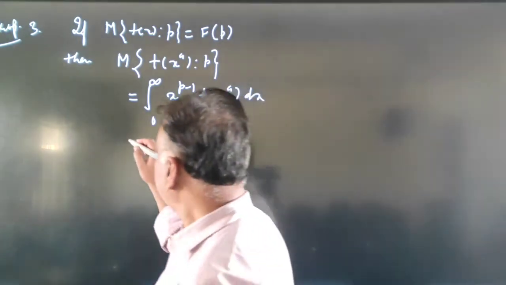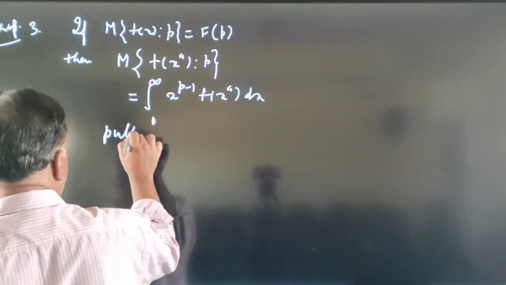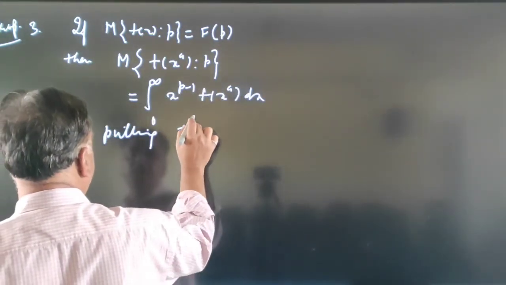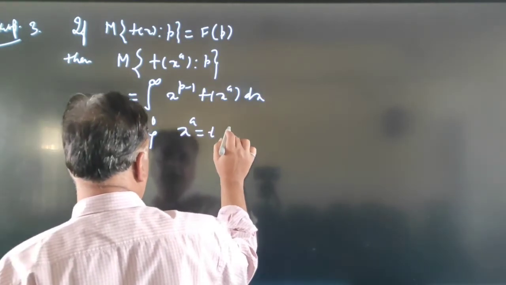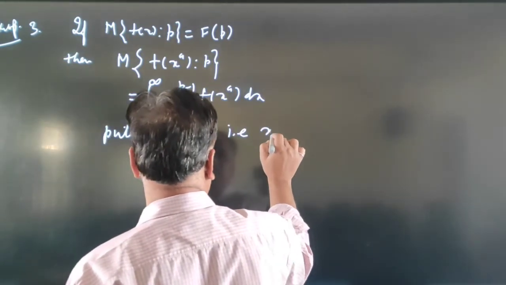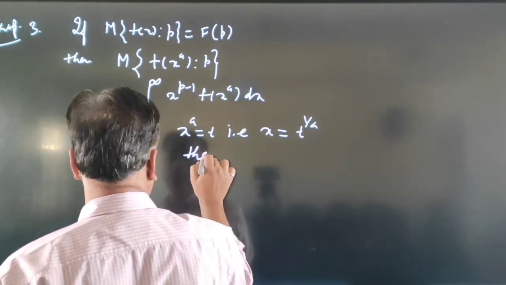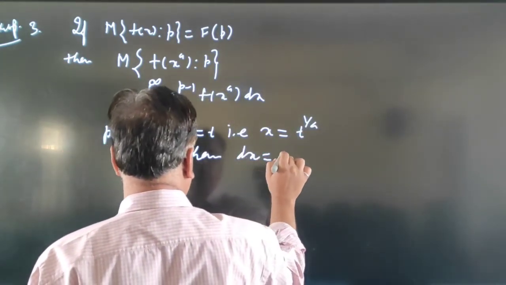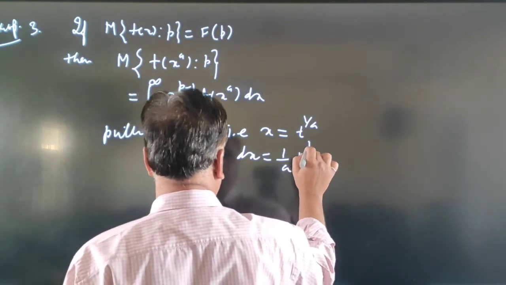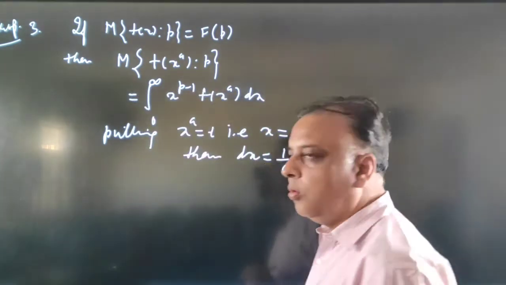Now putting x raised to a equal to t, that is x equal to t raised to 1 upon a, then dx is equal to 1 upon a into t raised to 1 upon a minus 1.